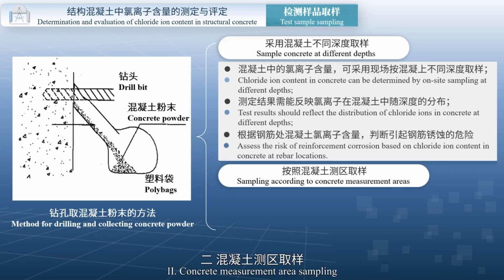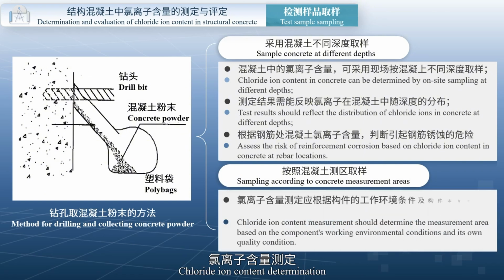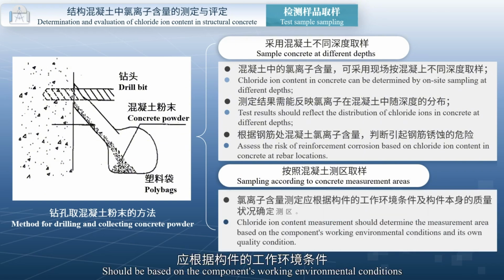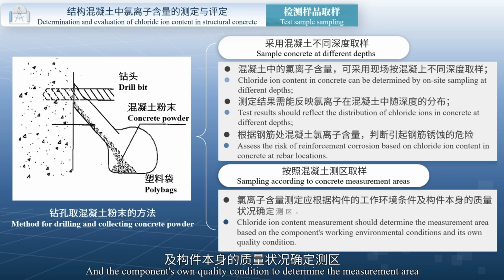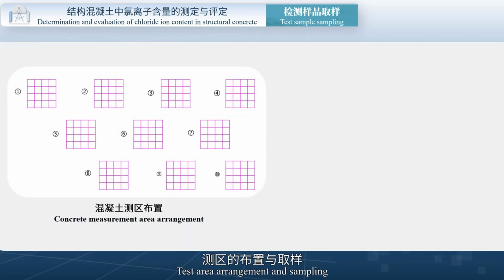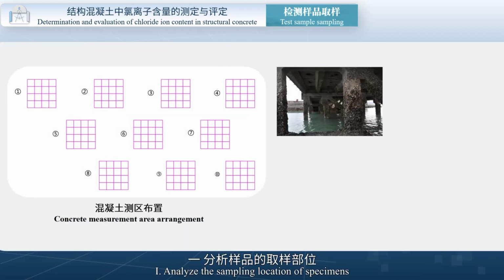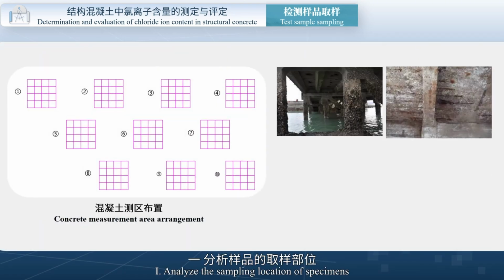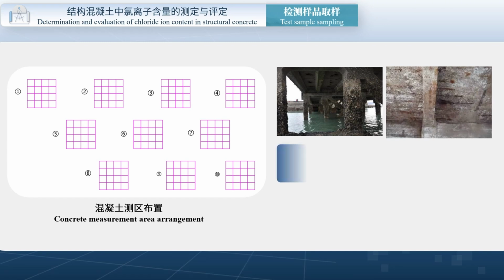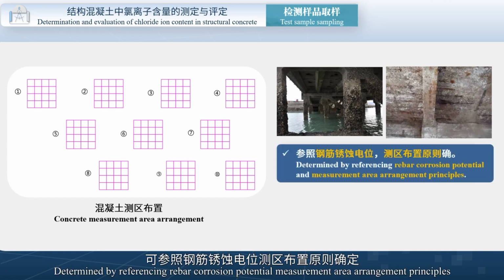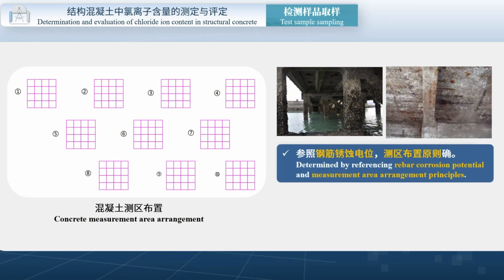2. Concrete measurement area sampling. Chloride ion content determination should be based on the component's working environmental conditions and the component's own quality condition to determine the measurement area. Test area arrangement and sampling. First, the sampling location of specimens is determined by referencing the rebar corrosion potential measurement area arrangement principles.